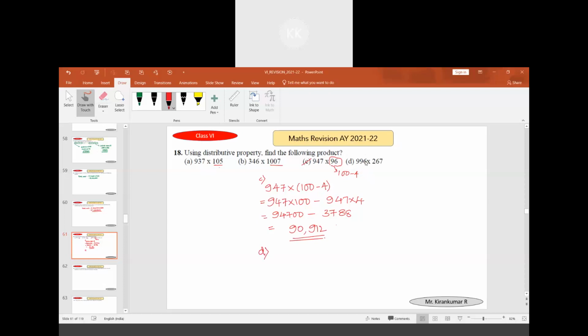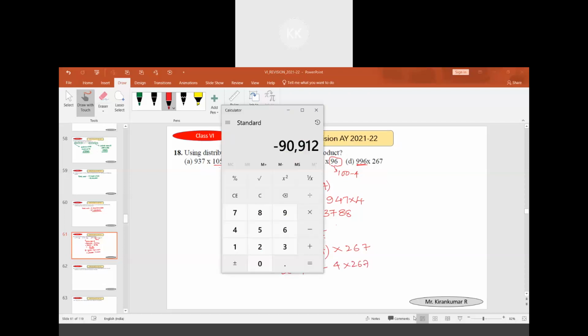How do we solve this? It's a large number. The best way is multiplying by writing 996 as 1000 minus 4. So this becomes easy. 267 with three zeros minus 4 multiplied by 267.